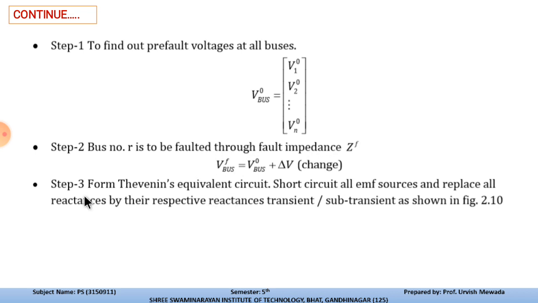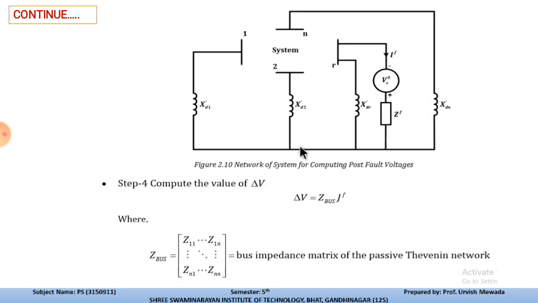In step number 4, we form the Thevenin's equivalent circuit of the given network, and then we short circuit all EMF sources and replace all machines by their respective reactances, say transient, subtransient, which is shown in figure 2.10. Here you can see the simulated circuit of circuit number 1. In this you can see that all the generators are replaced with their direct axis reactances.